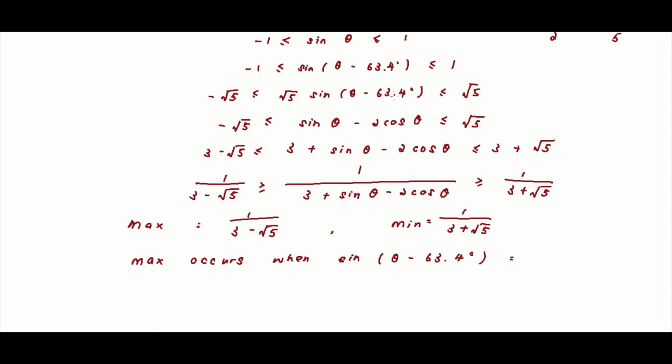This is the part that makes the change: the negative square root 5 gives you the maximum. So max occurs when your sine is equal to -1, because only with -1 does it become negative square root 5.